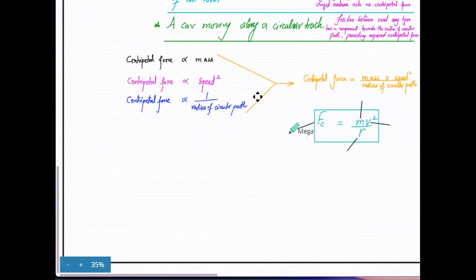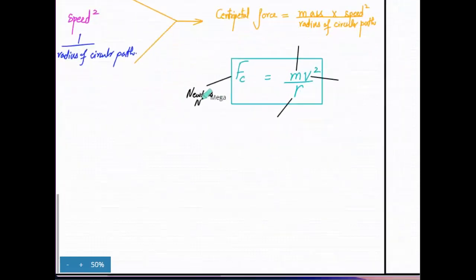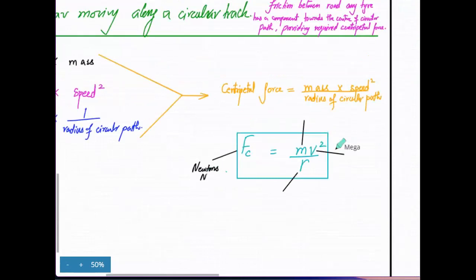The answer must be in newtons, and m is mass in kg, speed in meters per second, and radius will be in meters all the time.